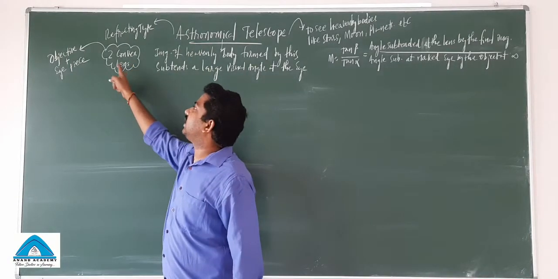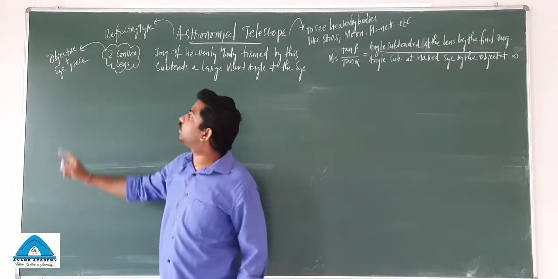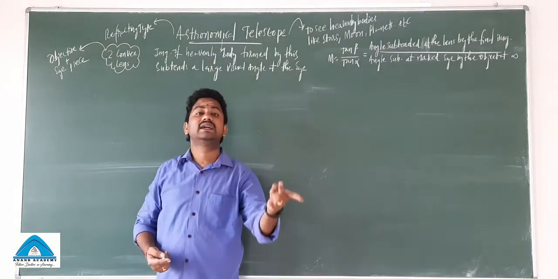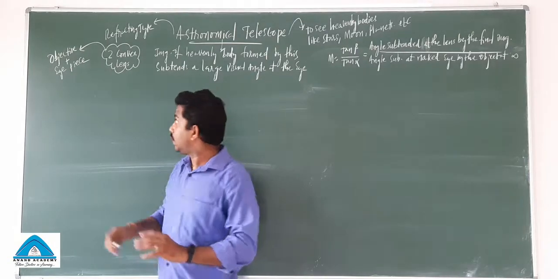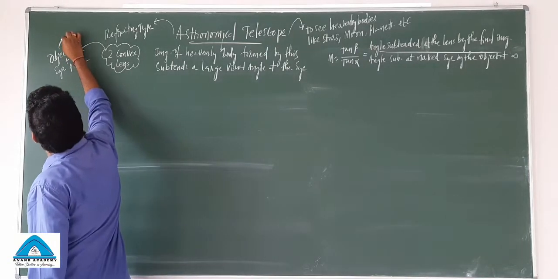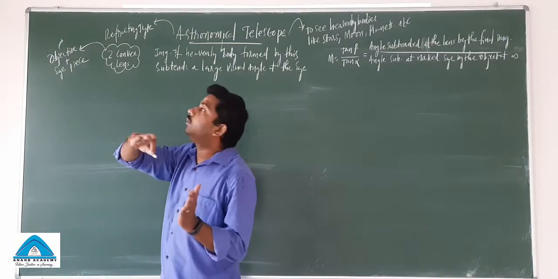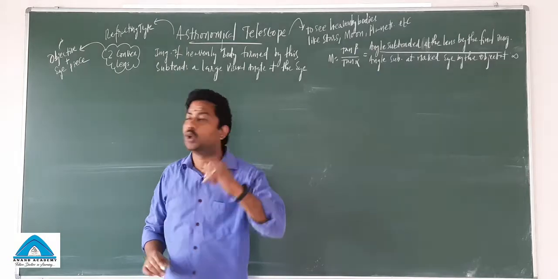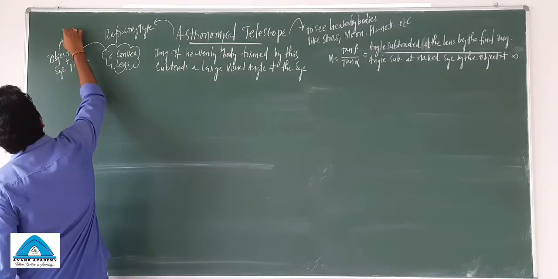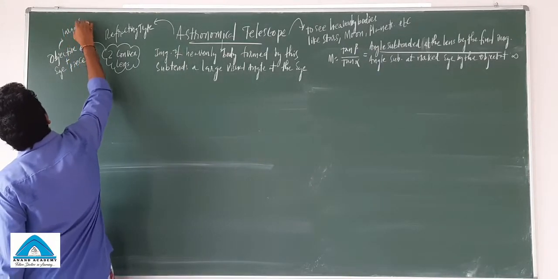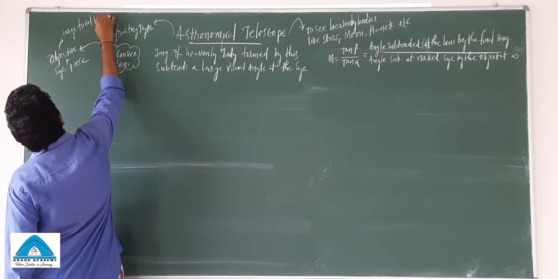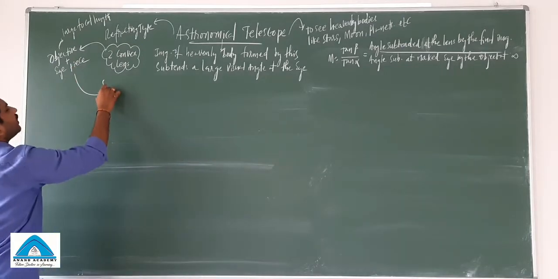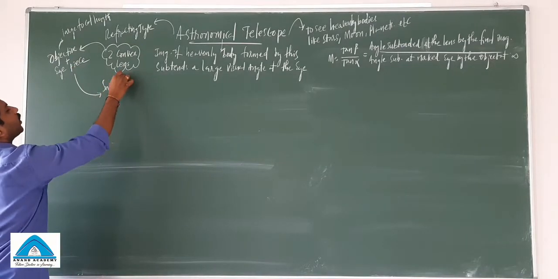These two convex lenses, one is called objective lens, the other one is called eyepiece. And here, unlike compound microscope, the objective lens in astronomical telescope will have a large focal length, and your eyepiece will have the smaller focal length.